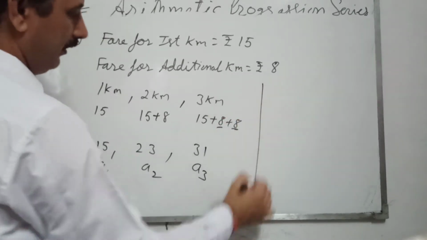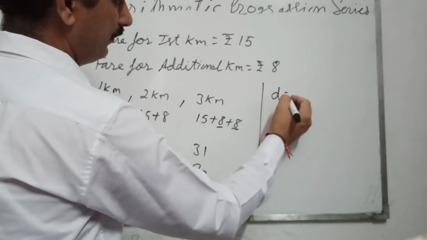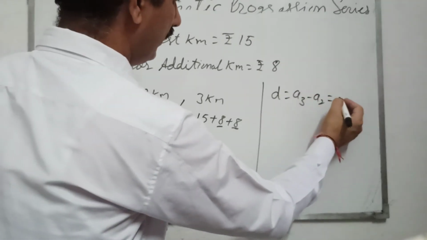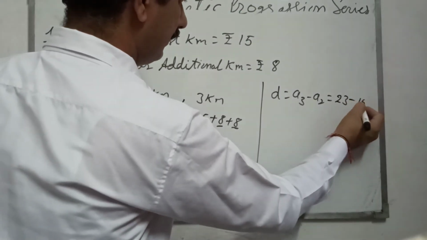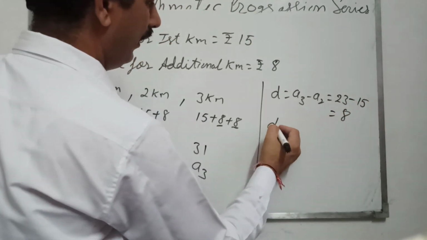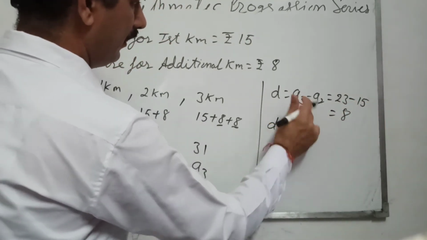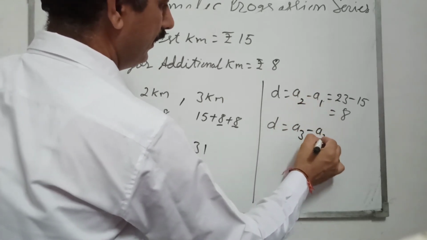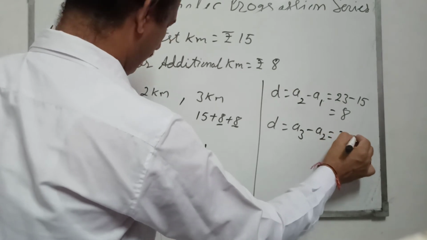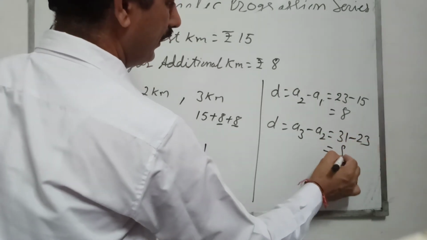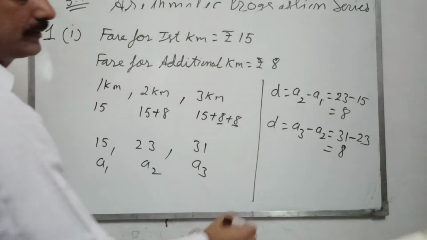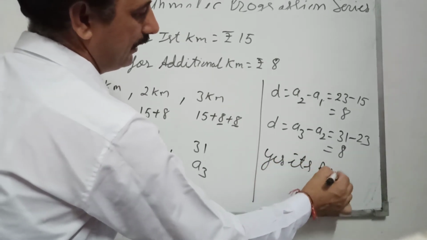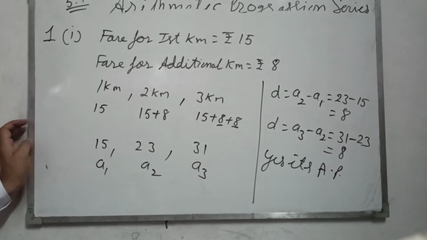We find D: A2 minus A1, 23 minus 15, you get 8, and A3 minus A2, 31 minus 23, you get 8. So D is the same, so yes, it's an AP series.